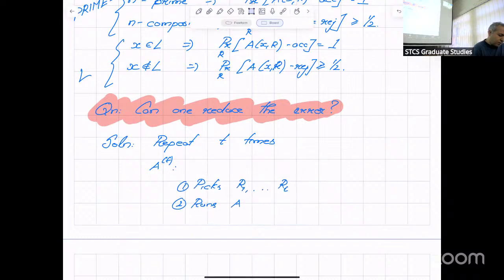On input x, it runs A(x,r1), A(x,r2), ..., A(x,rt).